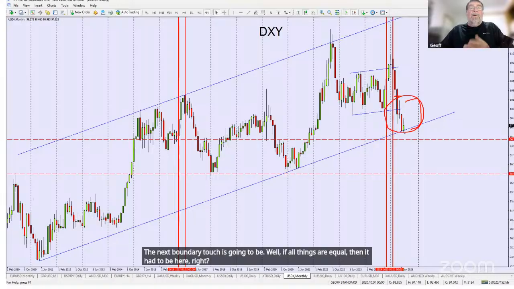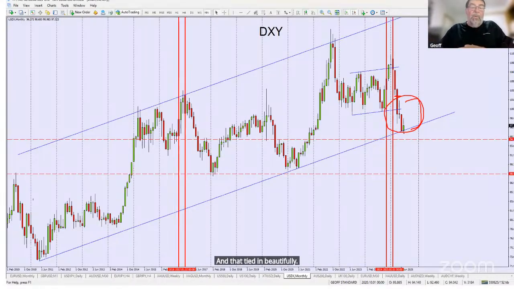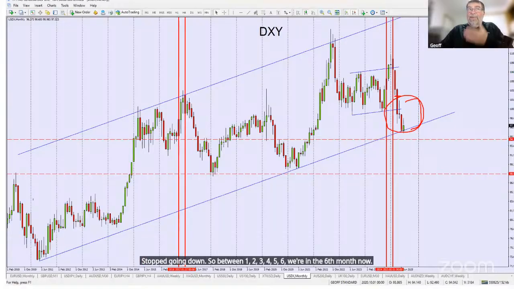And that tied in beautifully with the thesis that after the Trump inauguration, the market went down for 1, 2, 3, 4, 5, 6, 7 months before it actually stopped going down. So we've been 1, 2, 3, 4, 5, 6. We're in the 6th month now, and we're soon to hit the 7th month.